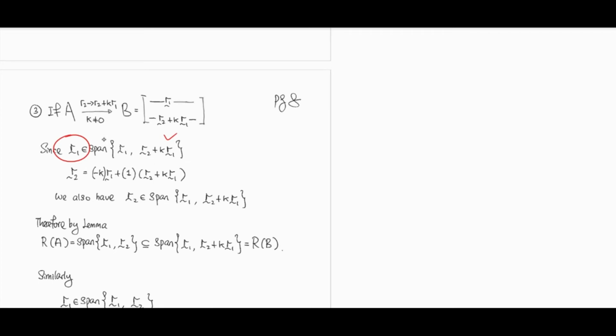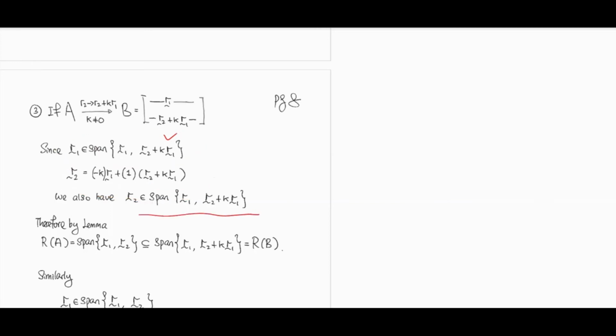That is very obvious. Because you can write your R2 like this, take a look, this is the scalar multiplied in front of R1, and this is a scalar multiplied in front of these vectors. So because your row 2 can be written like this, and your row 1 can be written like this, right?